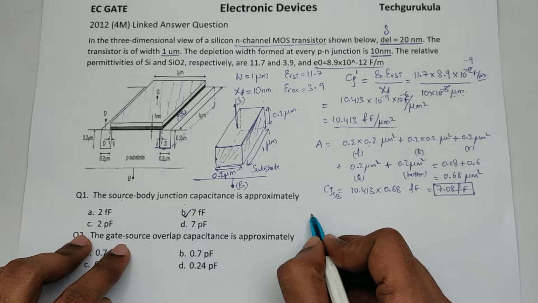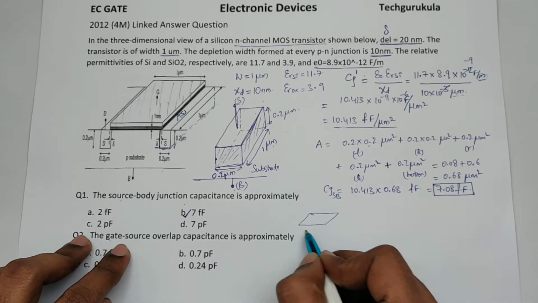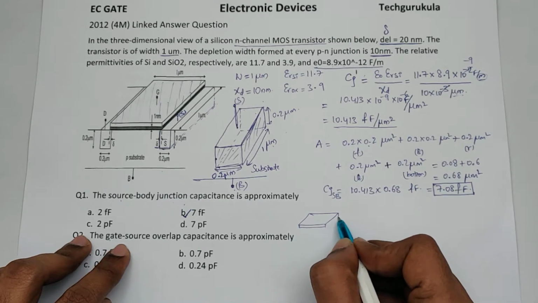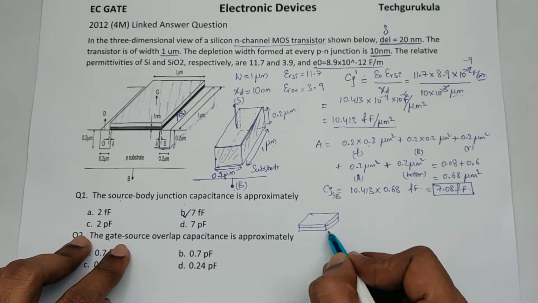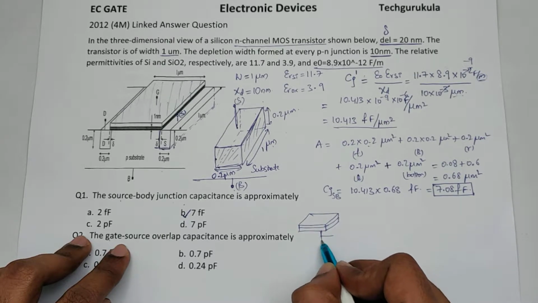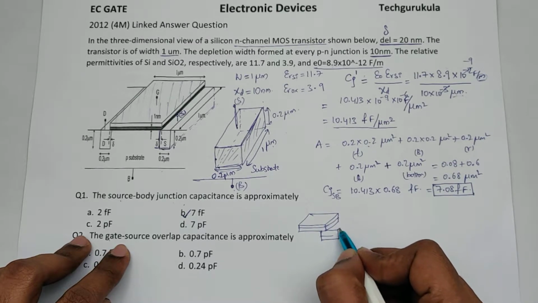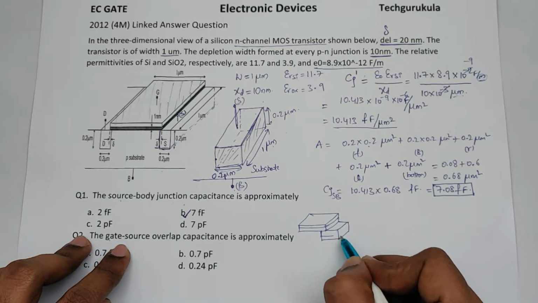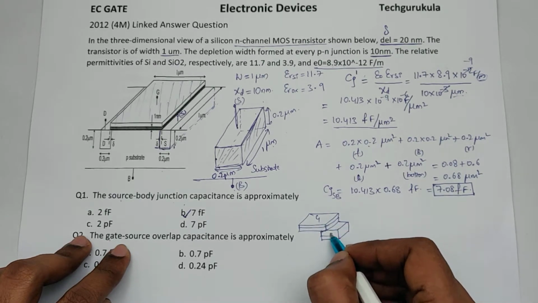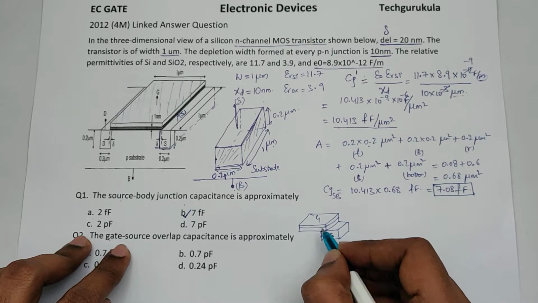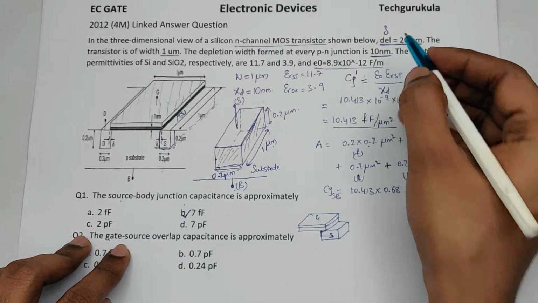Now if you look at this, we have one material like this. This is, let's say, gate, and we have oxide here. Now we have another material like this, a bit more deep. There is an overlap here between this material gate and this source. This overlap is given by delta, which is 20 nanometers.